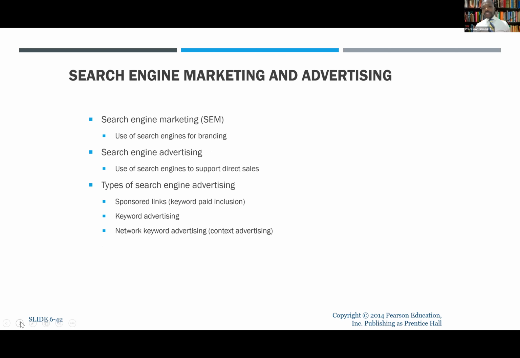Search engine marketing is the use of search engines for branding. Search engine advertising is the use of search engines to support direct sales. Types of search engine advertising include sponsored links, paid inclusion, keyword advertising, and network keyword advertising, and to put all of this in proper context.